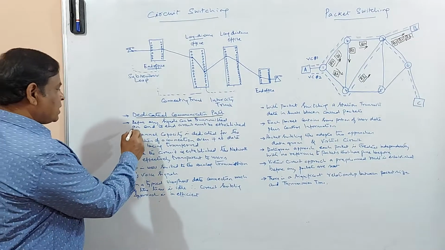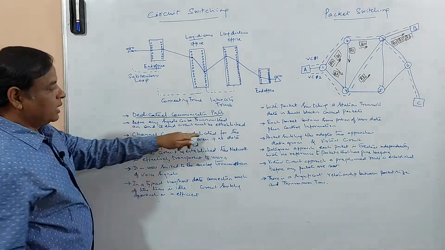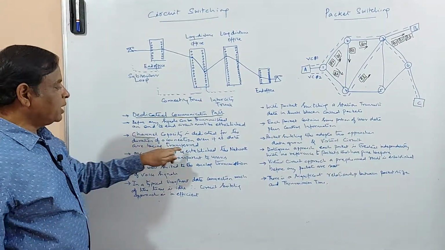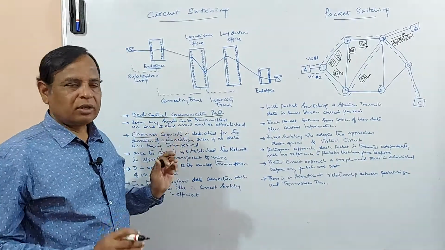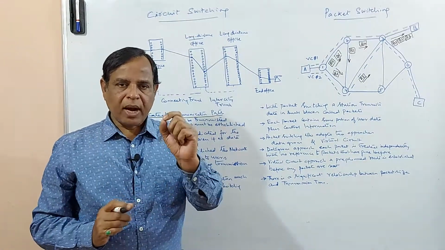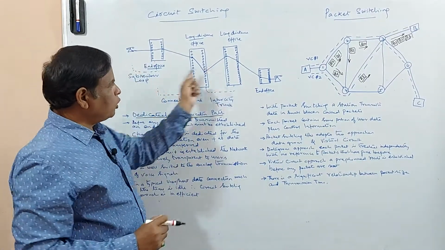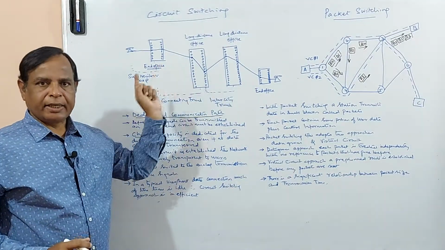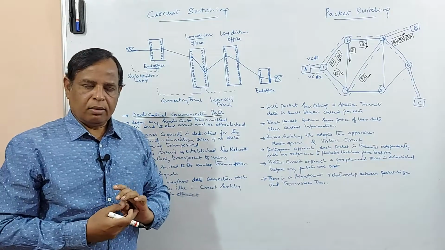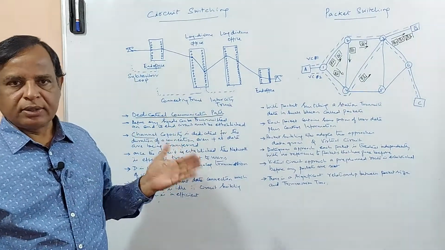Another thing is that the channel capacity is dedicated for the duration of the connection, even if no data are being transferred. Channel capacity is nothing but the bandwidth, isn't it? The bandwidth is allotted for the whole duration of the connection. Whether you speak or not, it makes no difference.